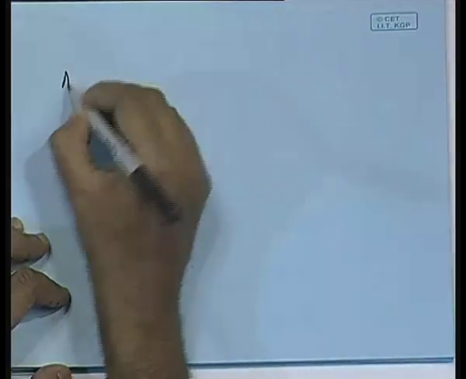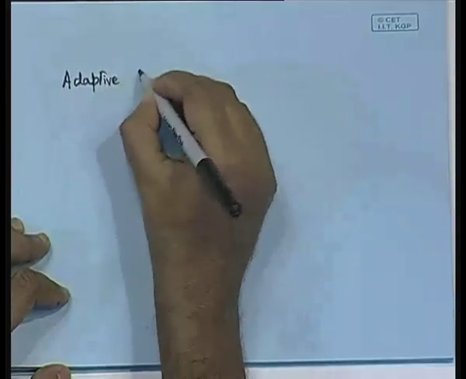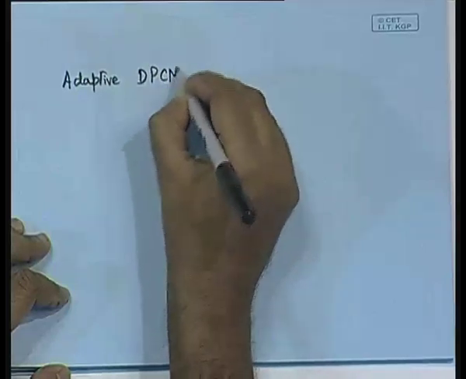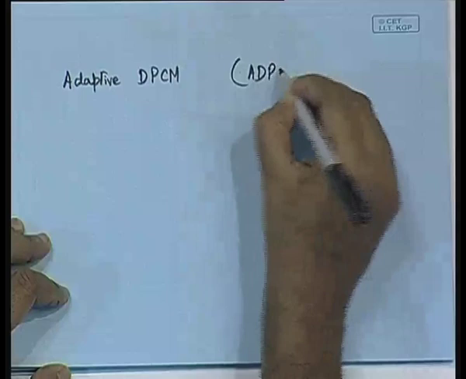So that is why, instead of preferring the normal DPCM, one goes in for the adaptive DPCM. Adaptive differential pulse code modulation, which in short form is referred to as ADPCM.